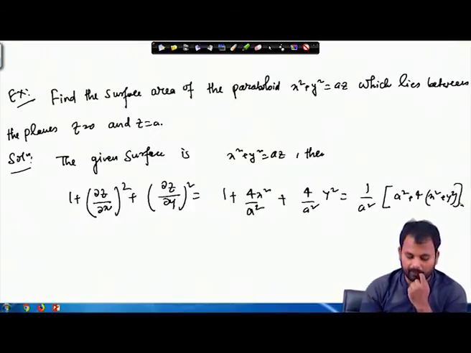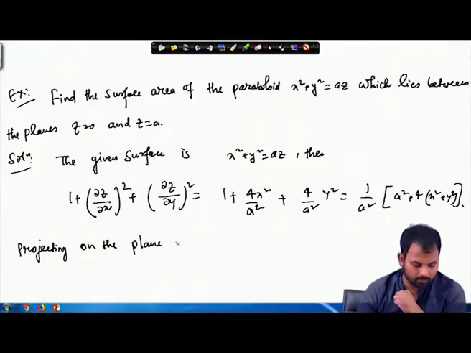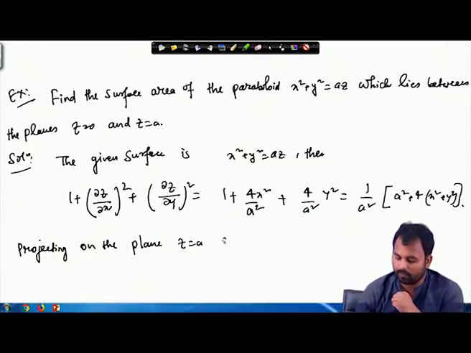So, this here. Now projecting on the plane z equals to a gives.